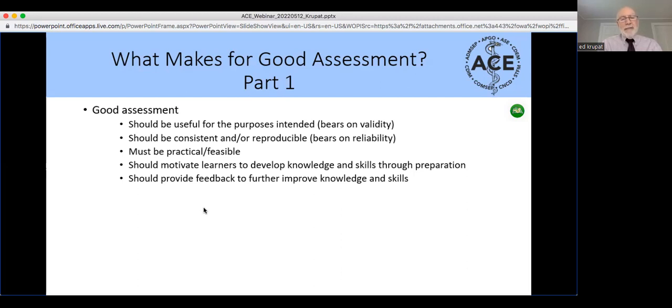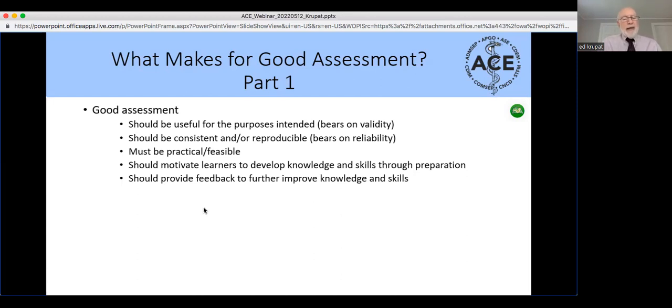In fact, she said, if I could just have you come in the day of the test and say, no, test is canceled, we accomplished the most important purpose. You studied and you learned. She said she'd love that, but of course, if that came to be known, people might not study and learn if they knew the exam was going to be canceled. But it should motivate learners to study, to prepare, to develop.